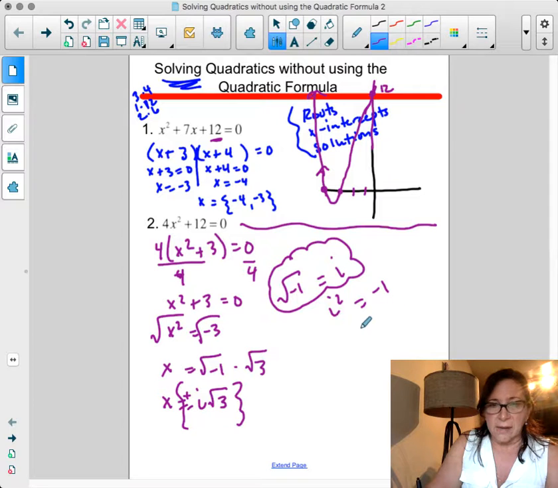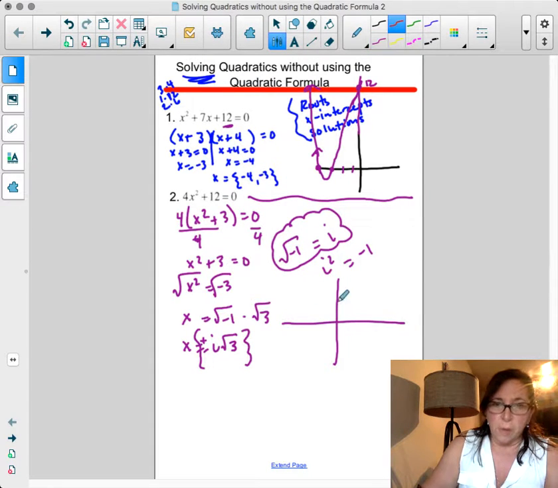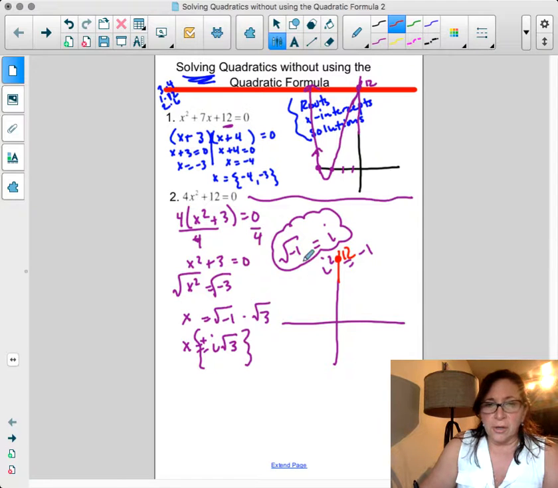So basically, if I were to draw an axis, which I'm going to do right here, and looking at this, I do have a y-intercept of 12 again, so that's way up here. I'm not sure if my graph is on this side or on the right side.